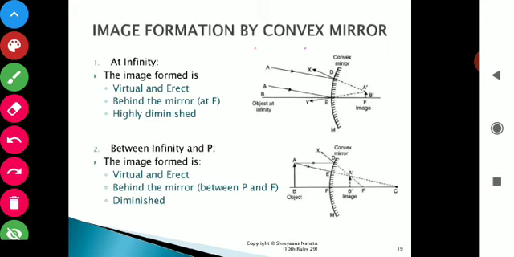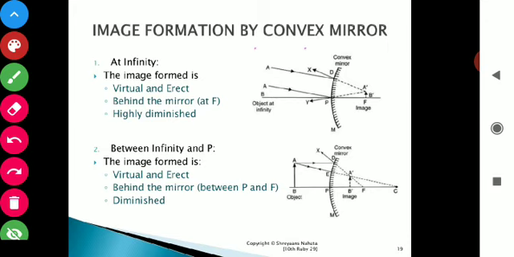So remember students, before watching this video for making the convex mirror images, you should study first the rules for the convex mirror. So there were the 4 rules. You should study first those rules, then you should watch this video, then you can understand well. Otherwise you cannot understand this.